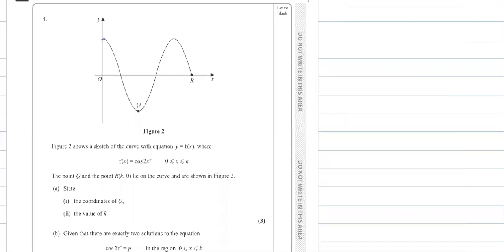For cosine of any function, like cosine of g of x, whatever the value is, its maximum value will be 1 and the minimum value will be -1. It will be between 1 and -1. So this value is 1 and this value is -1, and accordingly.